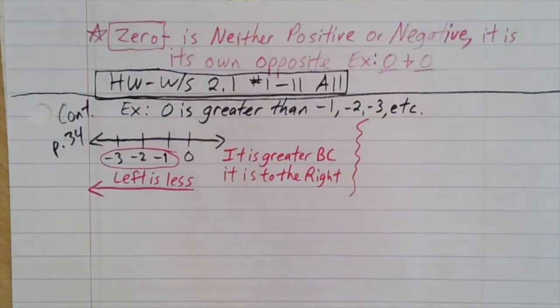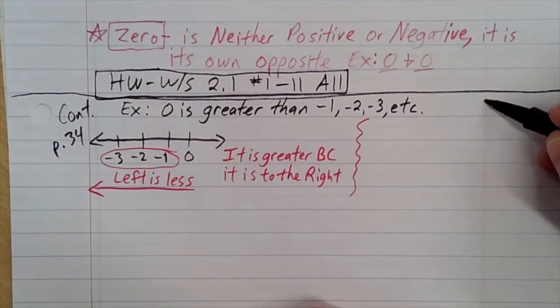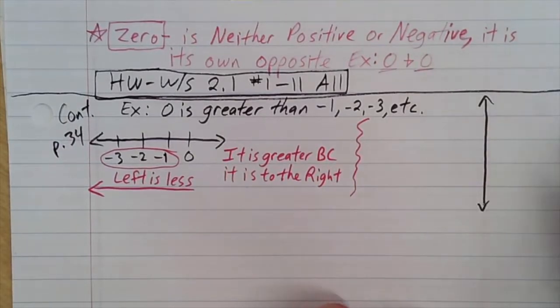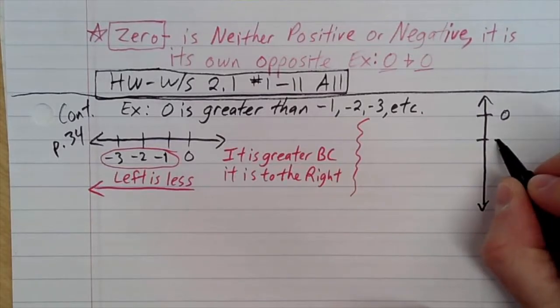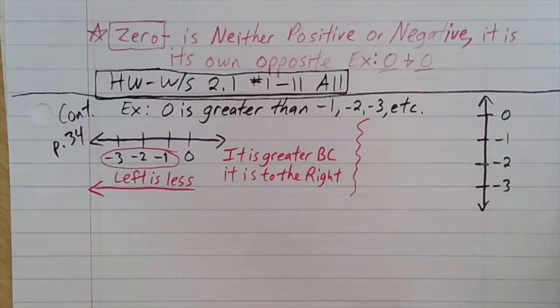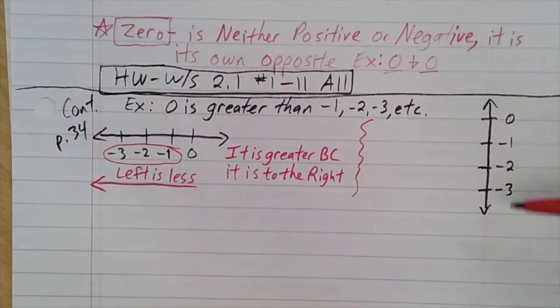So what if I say 0 is also greater than these, but I draw a vertical number line? So I'm going to trace this red line over here to make my vertical number line. And 0 is here, and then this is -1, -2, -3. So we talked about left is less. Well, on a vertical number line, lower is less as well. Lower is less.